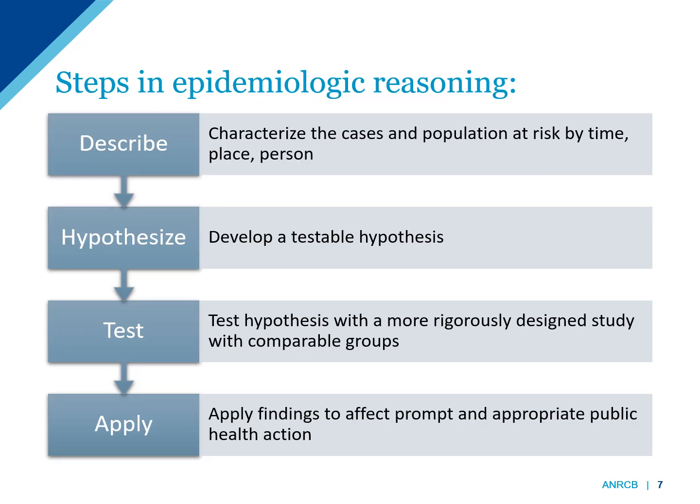There are steps to the process of investigating the distribution and determinants of disease. First, we need to describe the cases of disease or the outcome and the population that is at risk by time, place, and person. This is descriptive research. Next, we develop a testable hypothesis based on what we've learned about the patterns of disease.